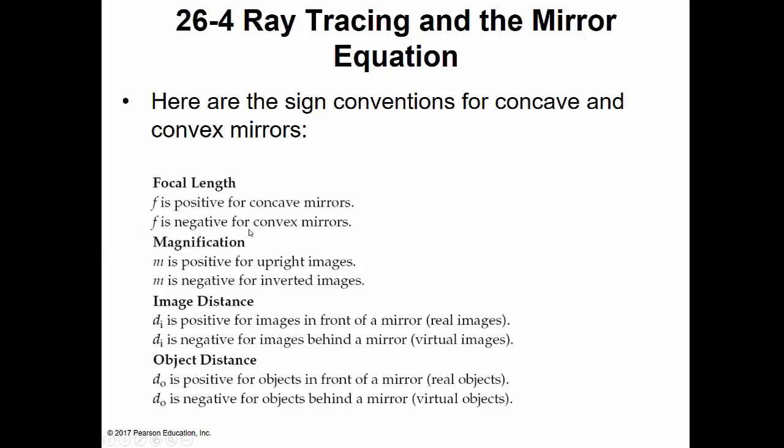Focal length is negative for convex mirrors because they diverge light. M is positive for upright images, and M is negative for inverted images. The image distance is positive in front of the mirror and negative behind the mirror. The object distance is positive in front of the mirror and negative behind the mirror.